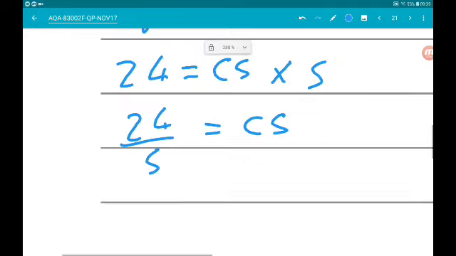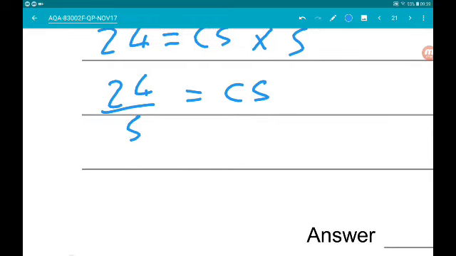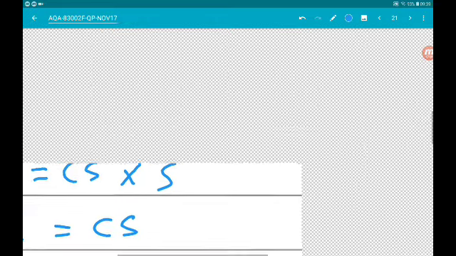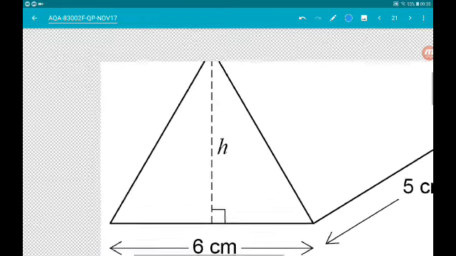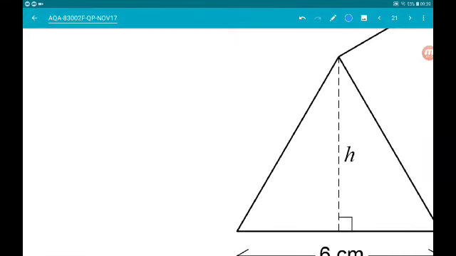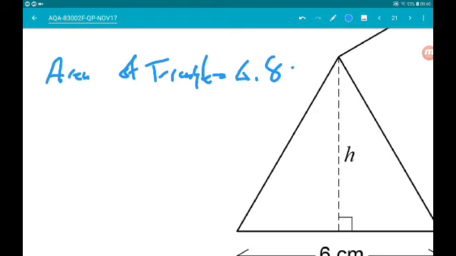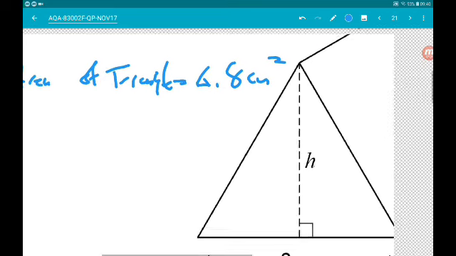So 24 over 5 is 4.8. So that tells us then the area of this triangle is 4.8 centimeters squared.